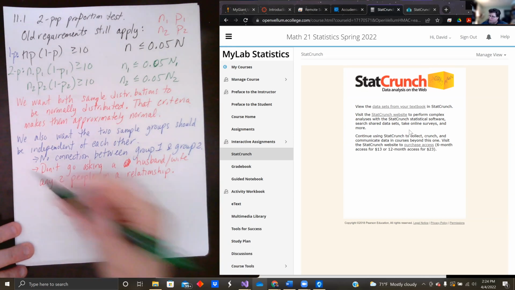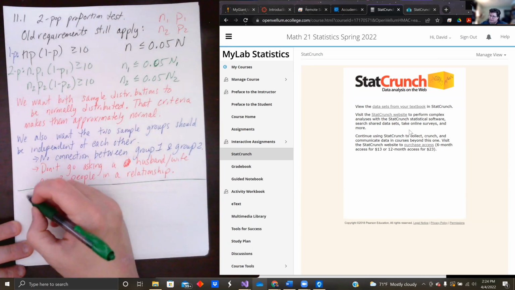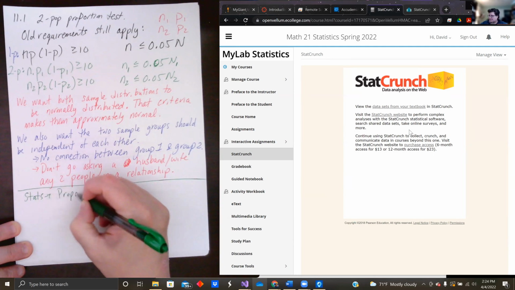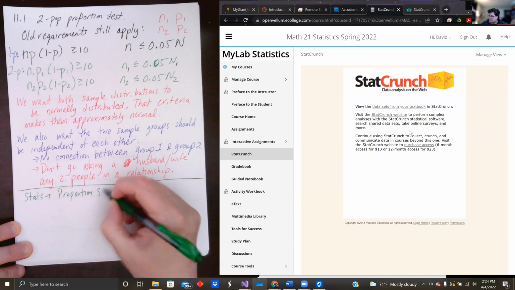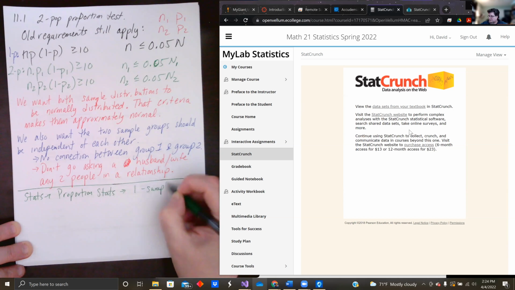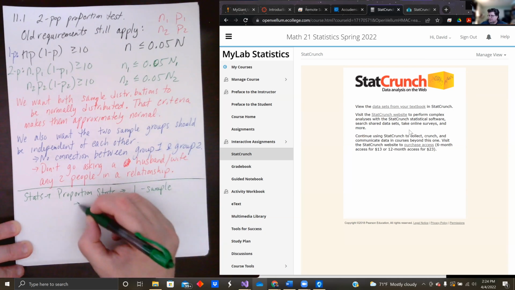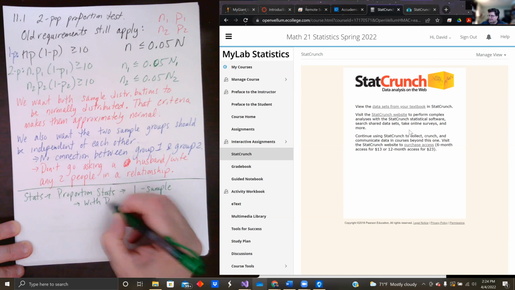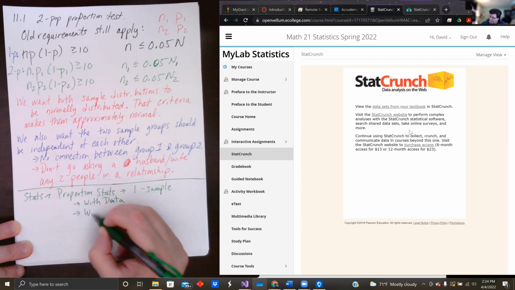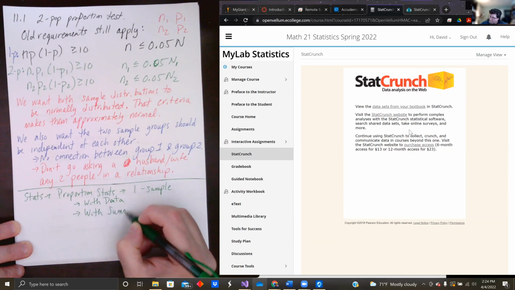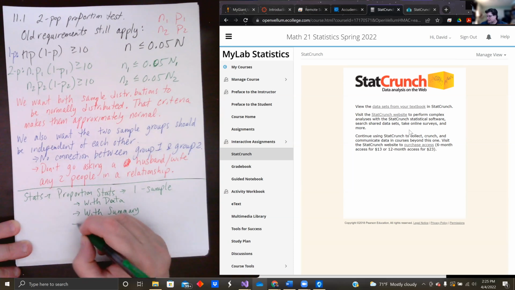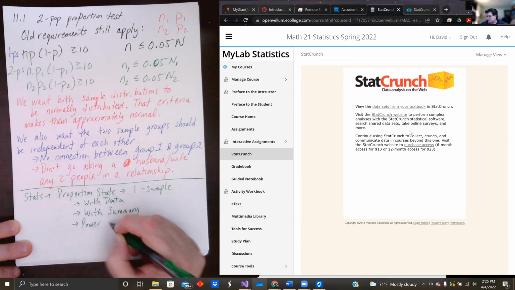So how does this shift from what we had before? What we had before when we did this in StatCrunch, we did Stats, Proportion Stats. We clicked on one sample. Then we had with data, with summary. And we could even do that power sample size one if we need to know the size of the group.